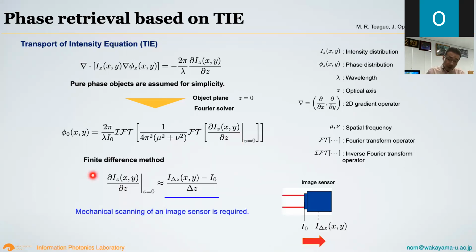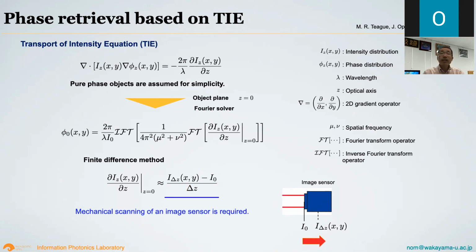So we substitute the finite difference, and also another technique can be available. Anyway, this equation is very important to measure the phase from the intensity and the intensity derivative. But this is a finite difference method using two intensity measurements, I0 and I delta Z. So we have to move the image sensor along the optical axis.